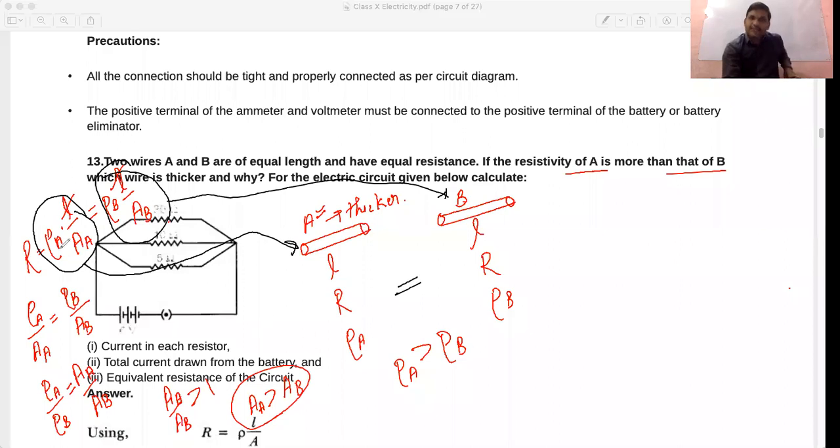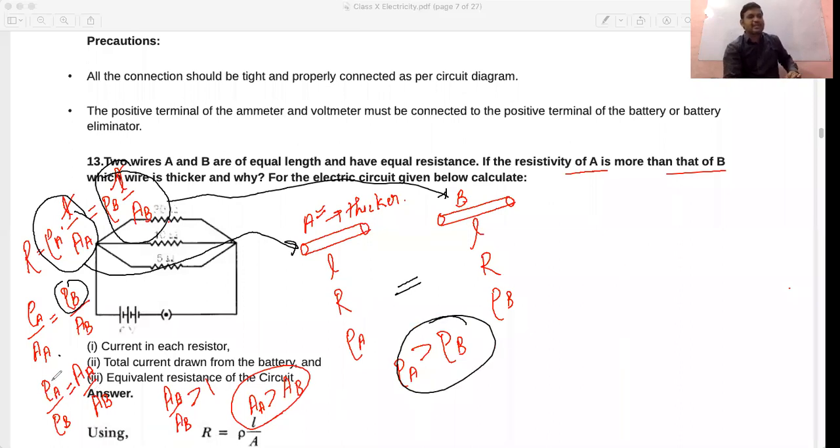So once I connect these two, the length will cancel out, and we can write it like this: rho A divided by A_A, where A_A is the area of cross section of A, is divided by A_B. You can see once this comes to the denominator and that goes to the numerator, rho A is greater than rho B, which is already given.